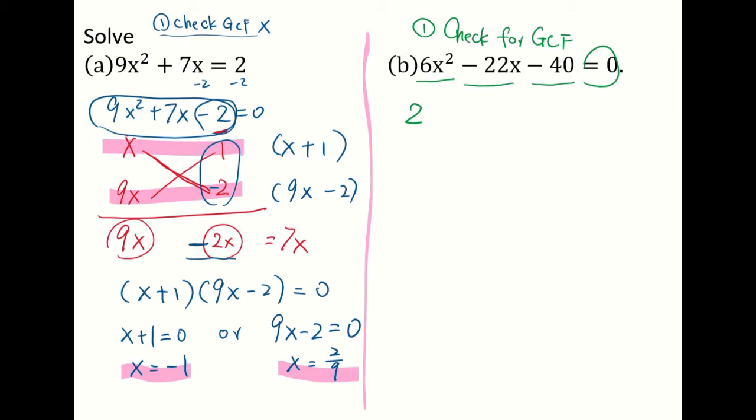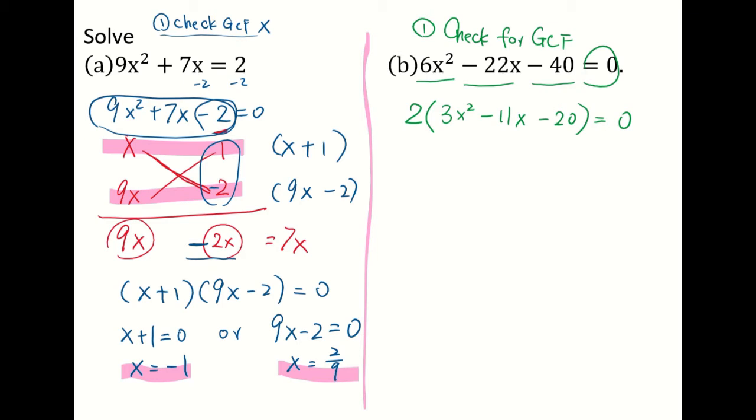They all have a factor of 2, so I'm going to factor it out. All right, so every term inside the parentheses will be divided by 2. So 3x squared minus 11x minus 20 equals 0.